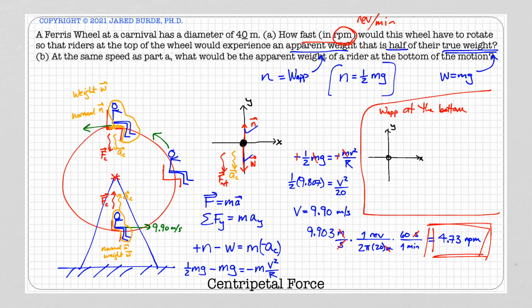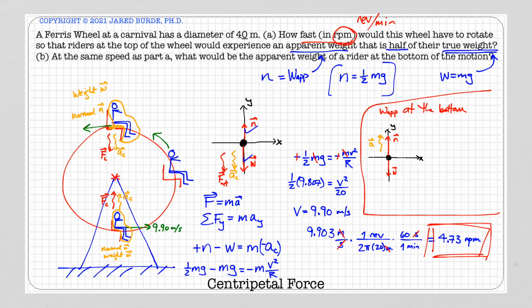Again, we'll represent the person as a particle. And in this case, we're going to have the normal force acting up, the weight acting down. And in this case, the difference is that the acceleration points up and the centripetal force points up. So notice the normal force should have been a little bit bigger here than the weight. The weight should technically be the same size as it was before because it's the same person, but the normal force should be bigger to give us the acceleration here.